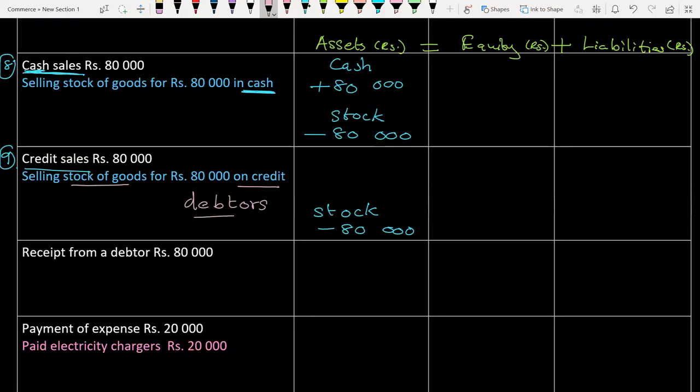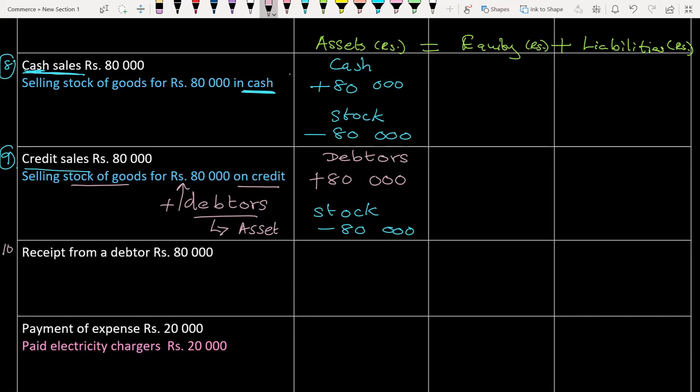So what happens to debtors? When business sells on credit, the debtors will increase. Remember, debtors to a business is an asset. So once again, assets in the business will increase by rupees 80,000 and this asset we call debtors. Or in other words, you can say debtors increase by rupees 80,000.